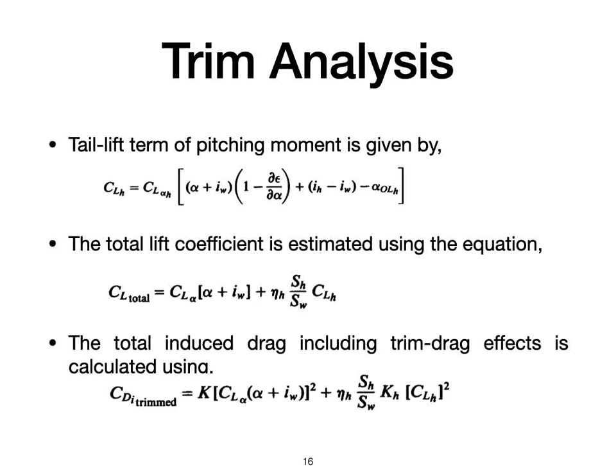The total induced drag, including trim drag effects, can be calculated at the trim angle of attack and elevator deflection angle using the equation CDI trimmed is equal to K into CL alpha into alpha plus IW whole squared plus eta H SH by SW KH into CLH squared.